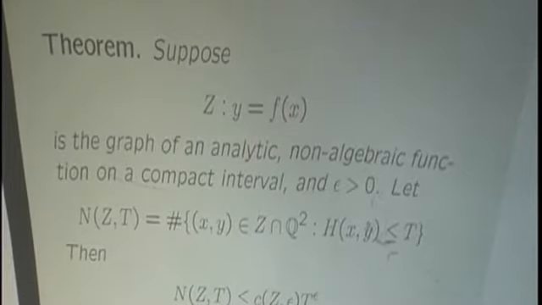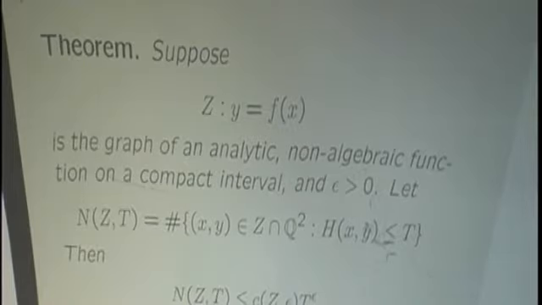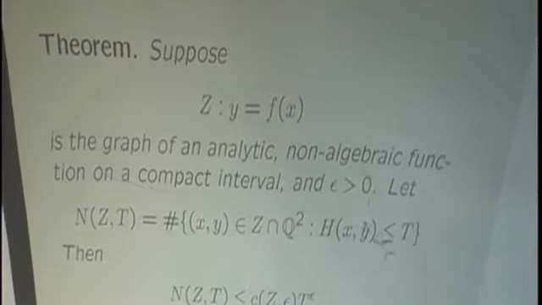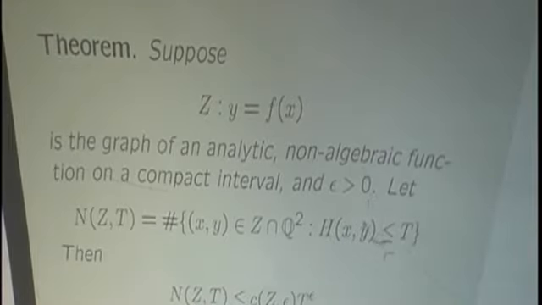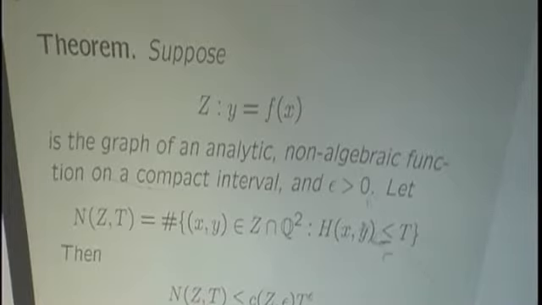Now, there could certainly be infinitely many rational points, so this result has to be stated in terms of a height density. You count the number of points up to a certain height, and here we use just this simple height. The height of a rational number in lowest terms will be the maximum of numerator and denominator, and the height of an n-tuple will just be the maximum height of the coordinates.